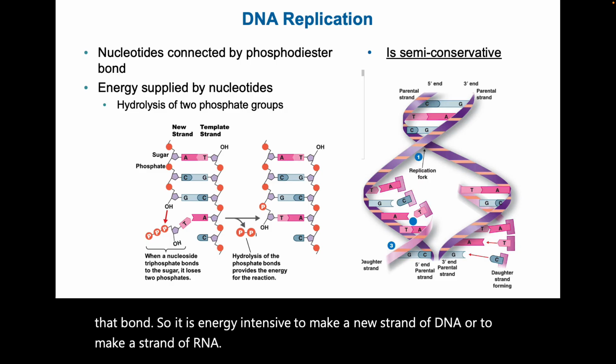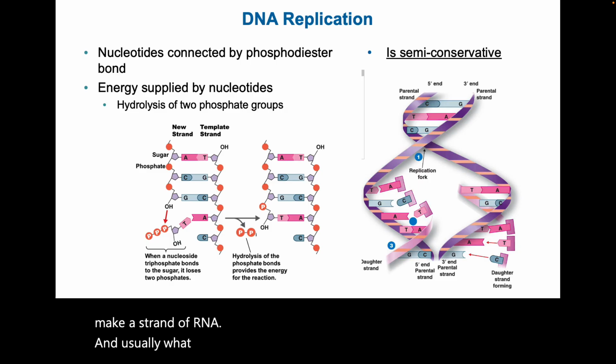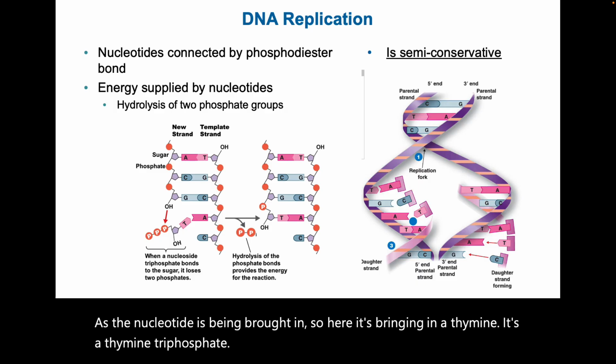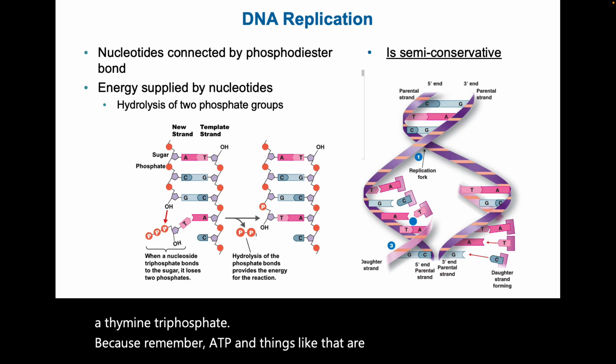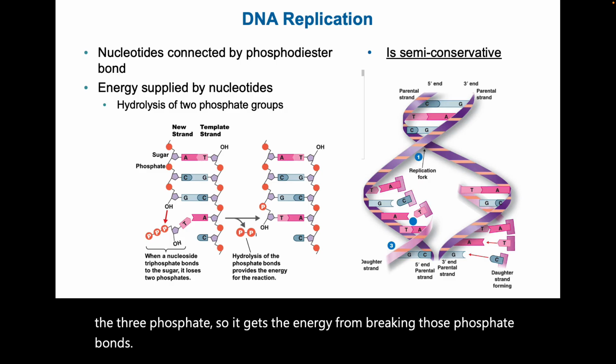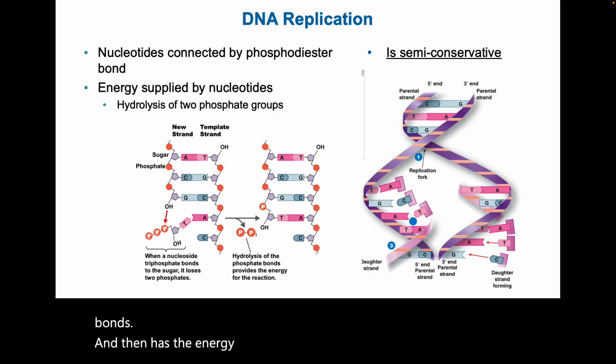Usually, as the nucleotide is being brought in, so here it's bringing in a thymine, it's a thymine triphosphate. Because remember, ATP and things like that are still nucleotides. So it has the 3 phosphates, it gets the energy from breaking those phosphate bonds, and then has the energy to form the phosphodiester bond.